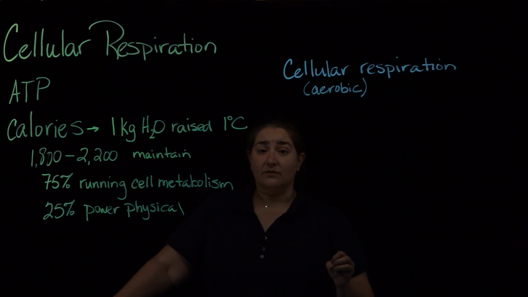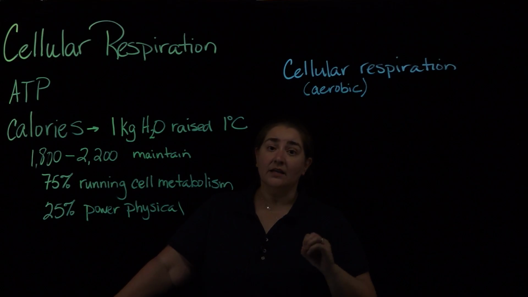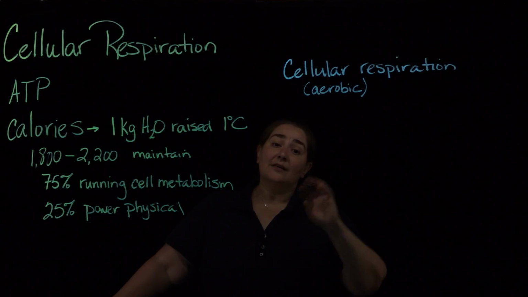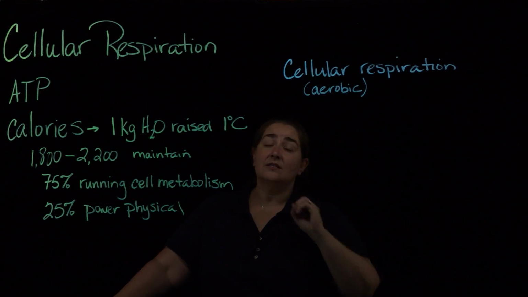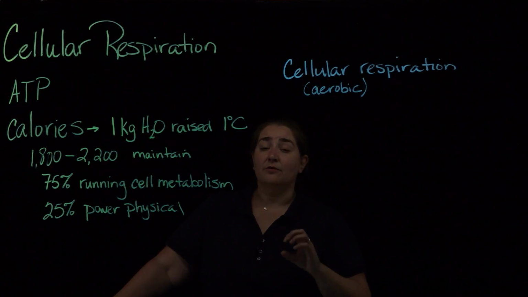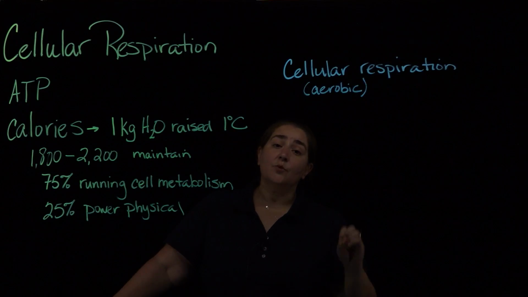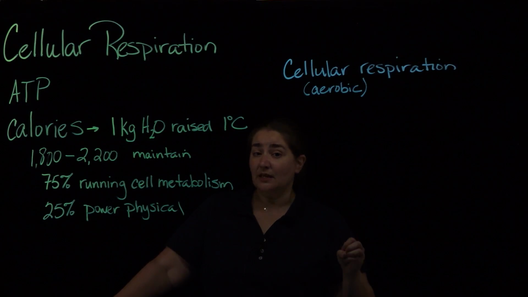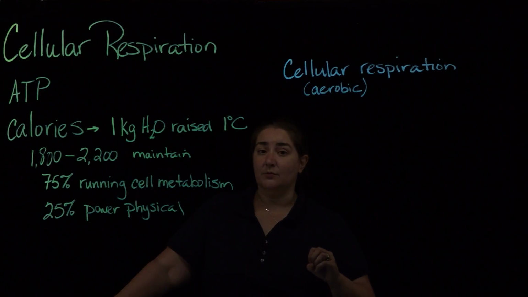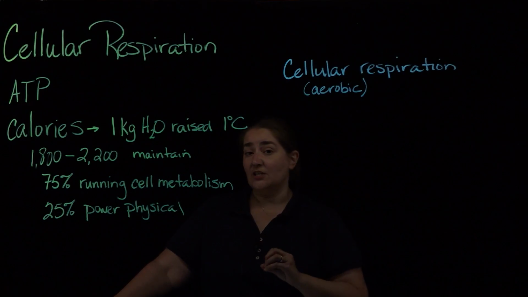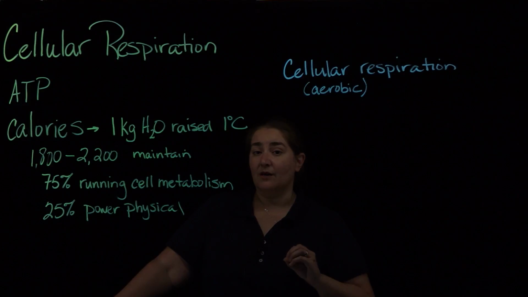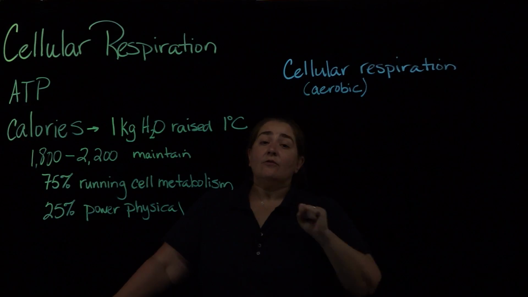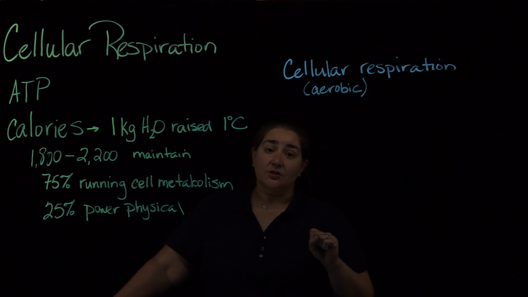We need oxygen, and the reason that we, as eukaryotes, use cellular respiration aerobically rather than anaerobically is that aerobic cellular respiration generates more ATP than anaerobic cellular respiration, or fermentation. Fermentation is going to be the other topic we'll talk about in another video. For this class, though, you only have to concern yourself with aerobic cellular respiration.